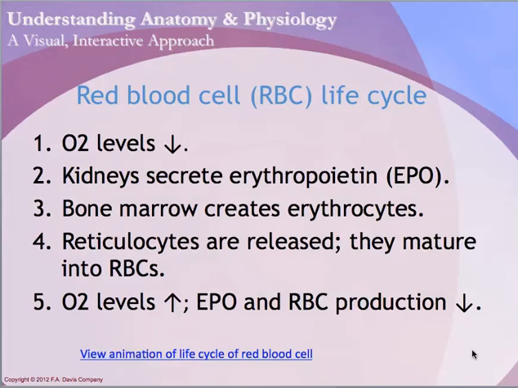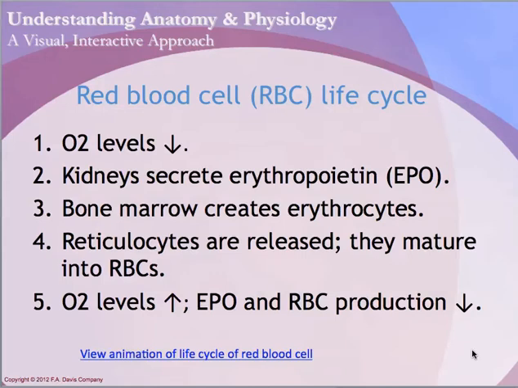So what really happens and what causes red blood cells to be formed? Oxygen levels decline as damaged red blood cells are removed from circulation. The kidneys detect that these oxygen levels are decreasing and secrete a hormone called erythropoietin. Erythropoietin stimulates red bone marrow to create new erythrocytes, or new RBCs.